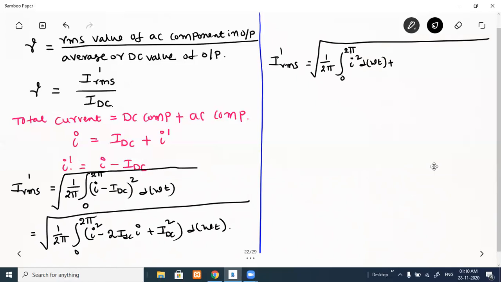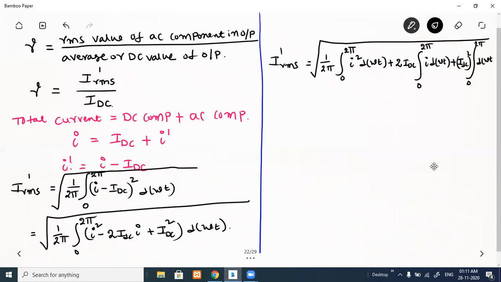Plus the second term, 2 into I_DC, which is constant, so I_DC into integral 0 to 2 pi i d omega t, plus the third term, I_DC square integral 0 to 2 pi d omega t.